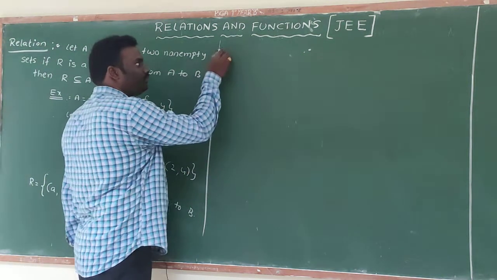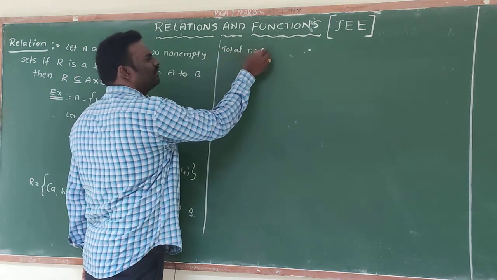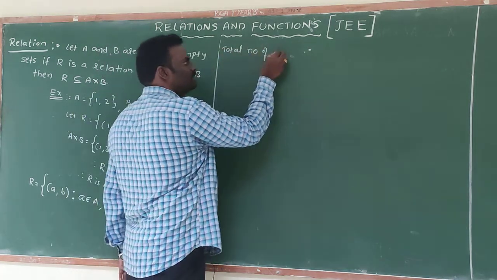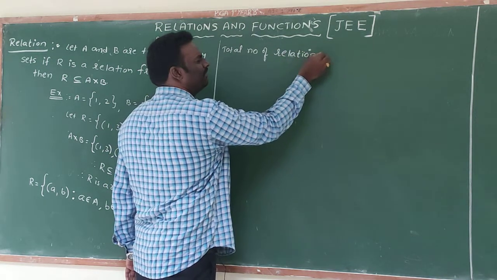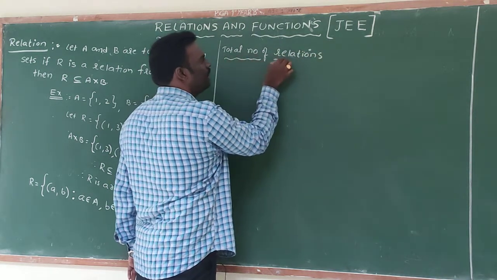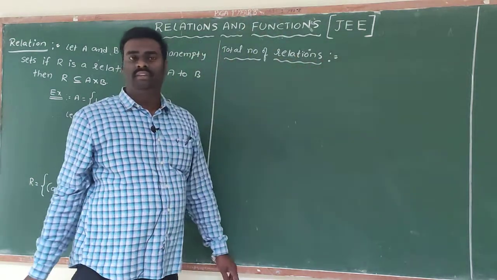Next, total number of relations. How to find the total number of relations?